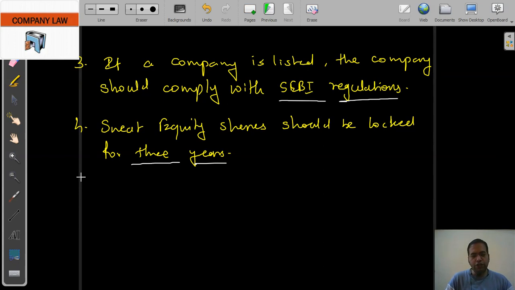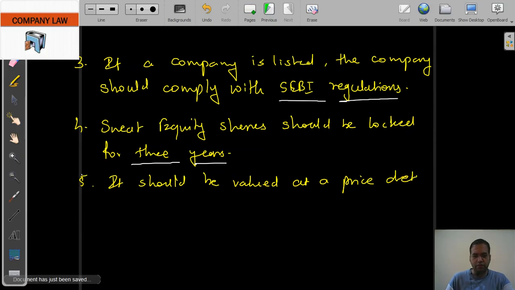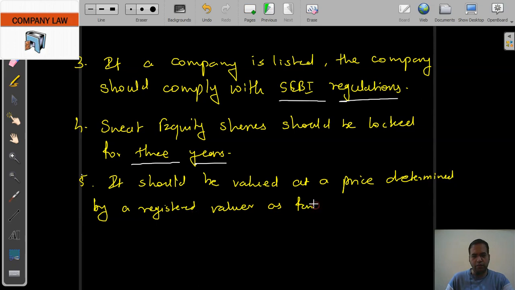Sweat equity shares to be issued shall be valued at a price determined as a fair price.